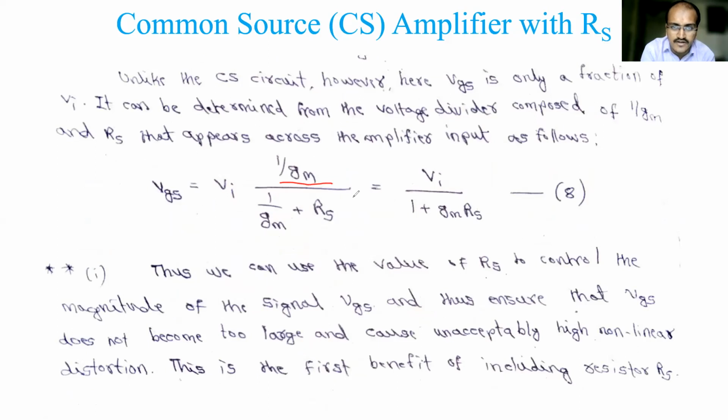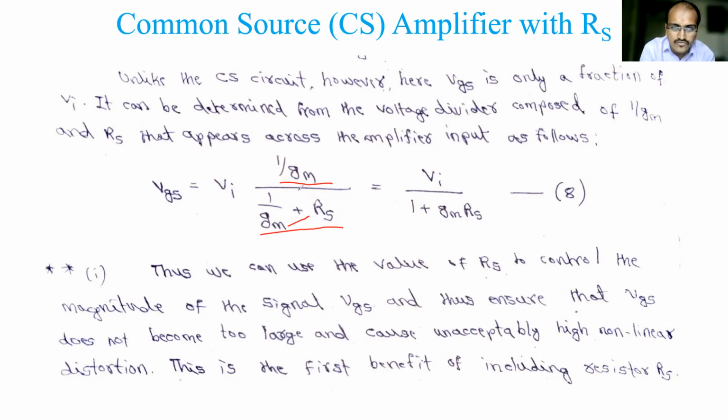This is the voltage divider rule, first explained in network theory. When you take the LCM here, it is 1 by Gm, so here it is 1 by 1 plus Gm into Rs. This Gm will be multiplied with the numerator, and the Gm will cancel out. What is remaining?